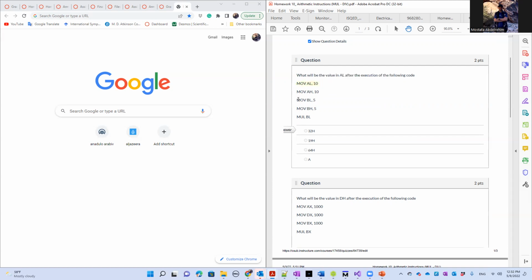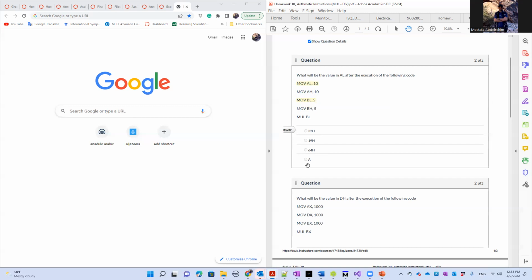These are some extra lines that we will not really need, it's just to test your understanding. So when we multiply 5 by 10, the result will be 50.